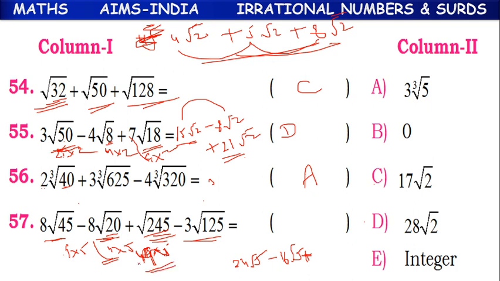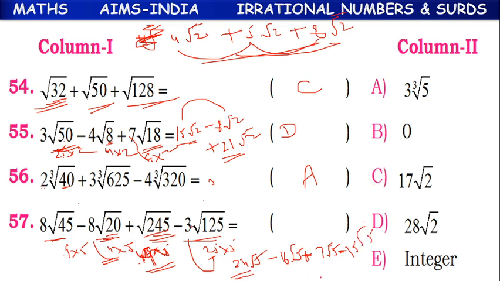49 into 5. The root of 49 is 7. So we can write it as 7 root 5, minus 125. 125 we can write as 25 into 5. The root of 25 is 5. 5 threes are 15. So we can write it as 15 root 5.